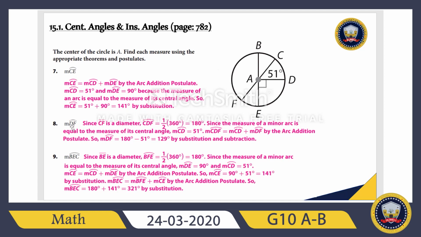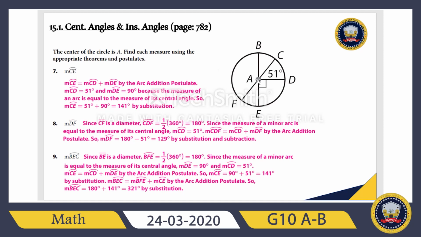What about DF? The arc DF, we know that this angle in total is 180. I'm talking about the angle CAF. It is 180, right? Because it's a straight line or a segment that passes through the center.